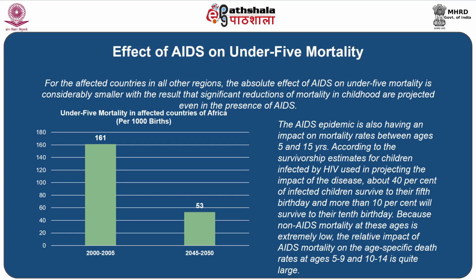According to the survivorship estimate for children infected by HIV used in projecting the impact of the disease, about 40% of the infected children survive to their 5th birthday and more than 10% will survive to their 10th birthday. Because non-AIDS mortality at these ages is extremely low, the relative impact of AIDS mortality on the AIDS-specific deaths at ages 5 to 9 and 10 to 14 is quite large.